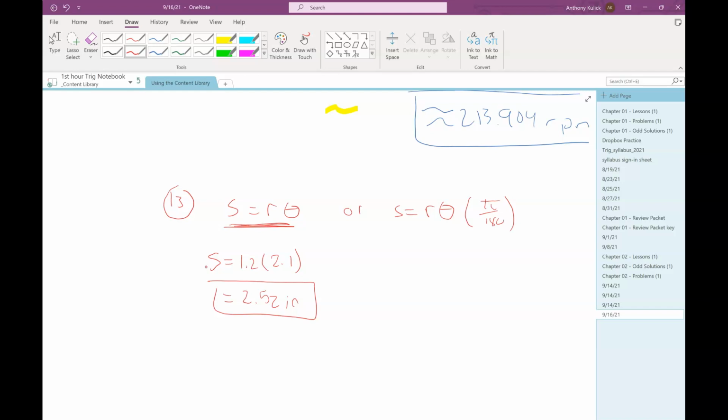Using sine and cosine and tangent to solve a right triangle. Remember SOHCAHTOA? What those things stood for? Do you want to review one of those real quick? Sure. Okay.